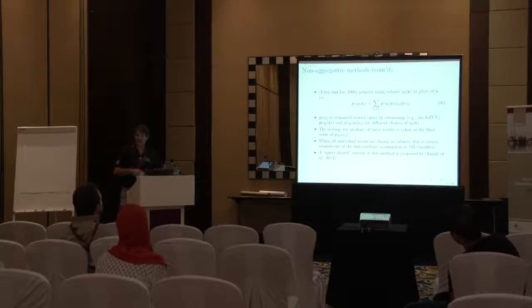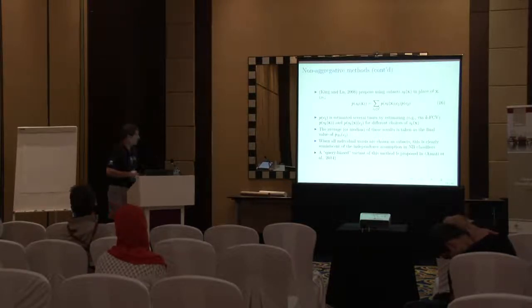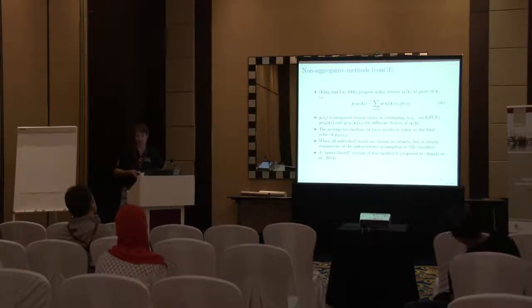X is the entire feature vector. Okay, so the whole instance. Yes, it's one instance, but you can do it for several instances. So essentially you have two different dimensions: several instances, and for each instance several possible subsets, which brings about a lot of estimations of PCj, so that your median is going to be extremely robust.